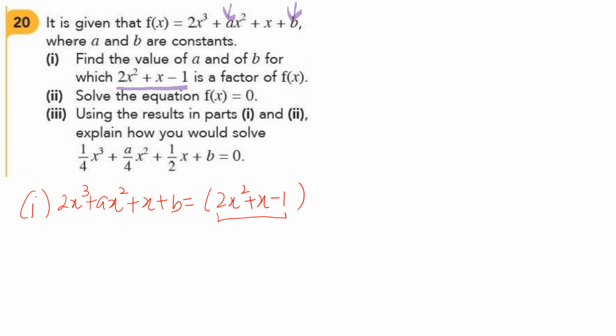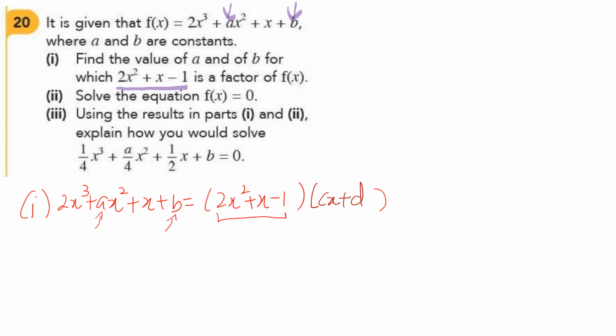A quadratic polynomial, if you recall, you have to multiply with a linear factor to get a cubic. This is what we have done earlier on. So we have a quadratic multiplied with a linear to get a cubic. I can't use a and b, because a and b are already used here. It's very confusing. So the next letter will be c: cx plus d. So I need to find my unknown c and unknown d, right?